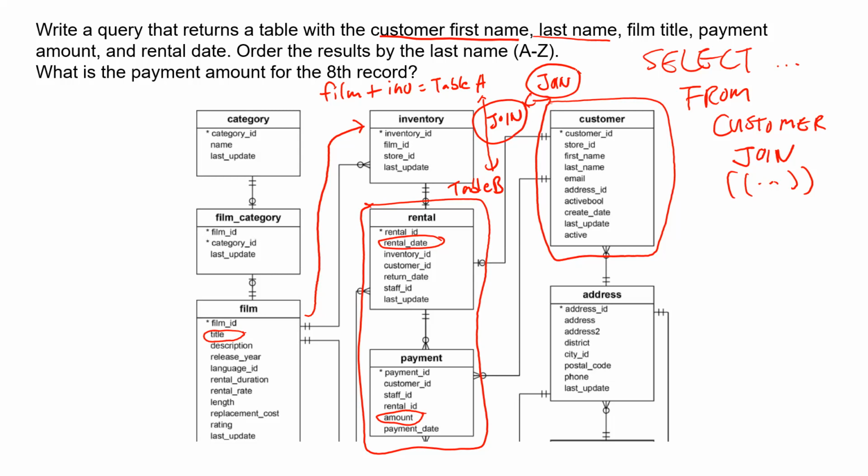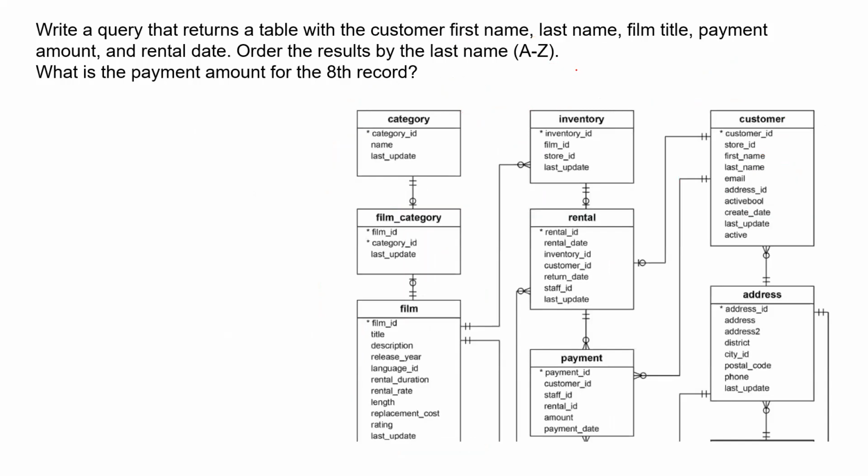You can write this out, but there are a few important details that I want to point out. So we'll go to the next slide and show you the important difference. Again, I have this ER diagram. The question of whether we should use a left join or an inner join can get tricky based on how the question is worded. If you look at the relationship between the customer and rental, it tells you that some customers may not have any rentals at all.